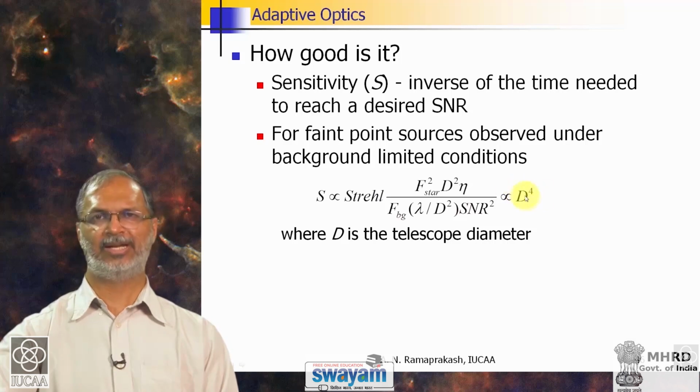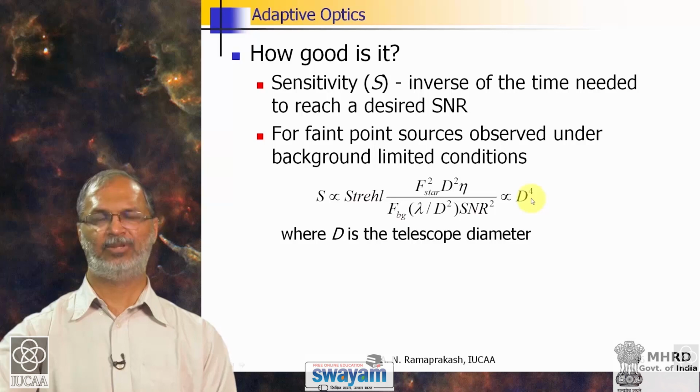So, what it means is that if I have a telescope of diameter 1 meter, you get a certain sensitivity. If I increase the telescope diameter by a factor of 2, a 2 meter diameter telescope with an adaptive optic system is 2 raised to 4, 16 times more sensitive than a 1 meter diameter telescope.